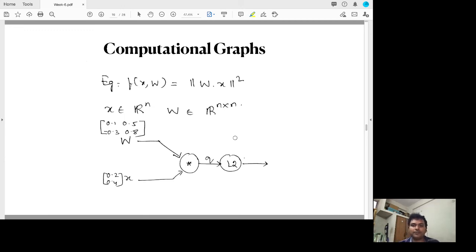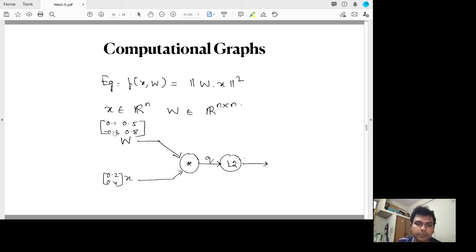I thought about doing matrices because this is the actual thing that will happen in deep learning, where everything will be a matrix. So let's say my f of x comma w is the 2 norm of wx, squared. x is a vector in n dimensions, and W is a matrix of n cross n dimensions.